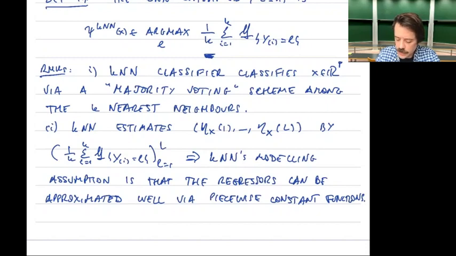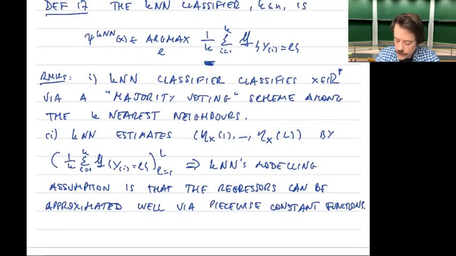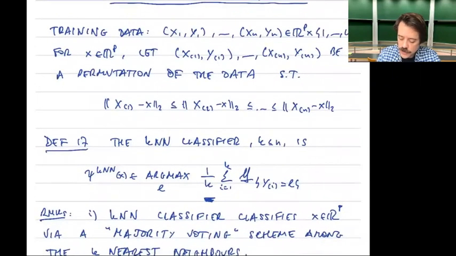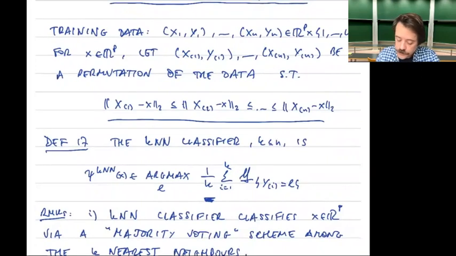So let's see if we can have some. Oh, actually, I was going to make another remark before when I introduced the definition here. Let me say a few words about this: here we've assumed the L2 norm, right?